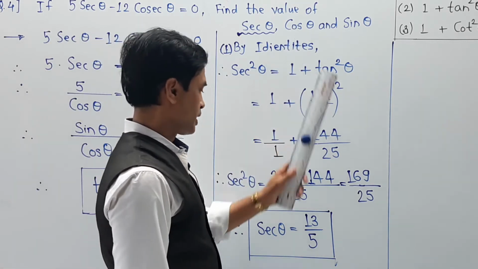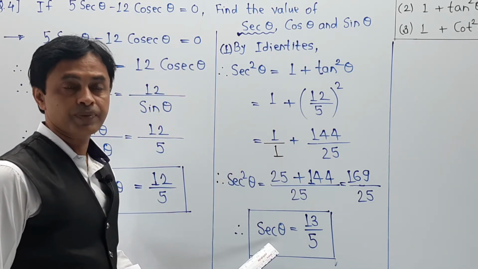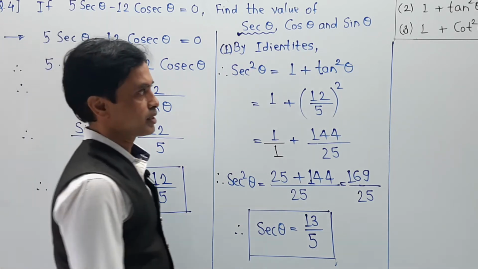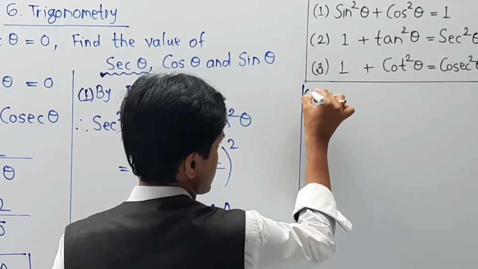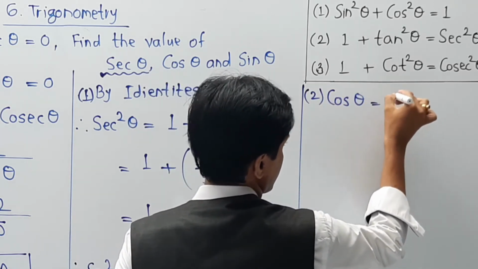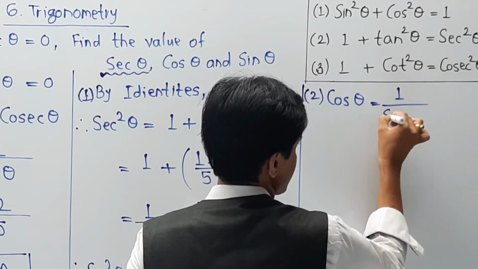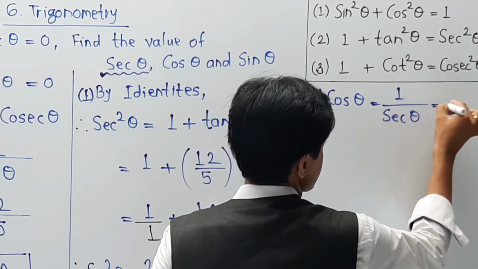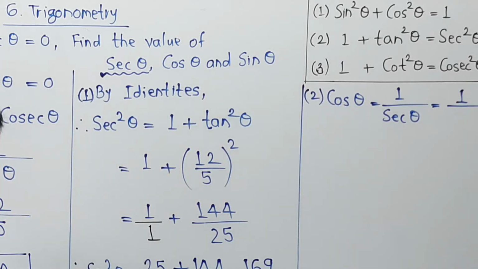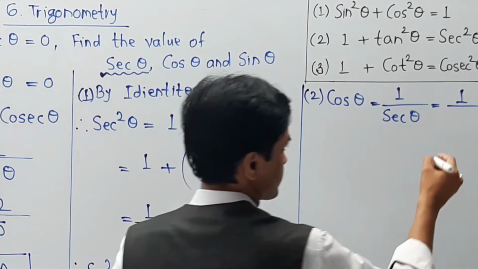First cos theta. Now we are able to get sec theta, and sec and cos are reciprocal of each other, and that is a part you are using over here. Next cos theta, that is nothing but 1 upon sec theta, and that is nothing but 1 upon 13 upon 5, since your value of sec theta is 13 upon 5.